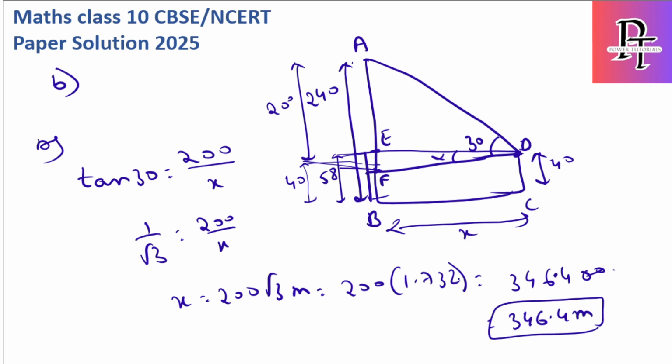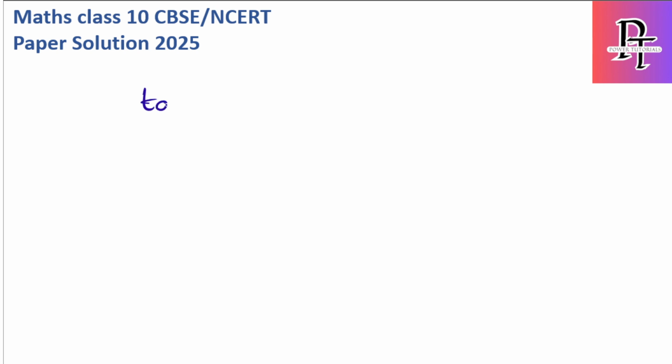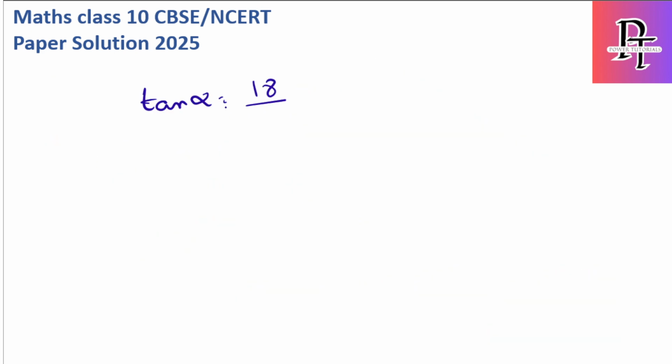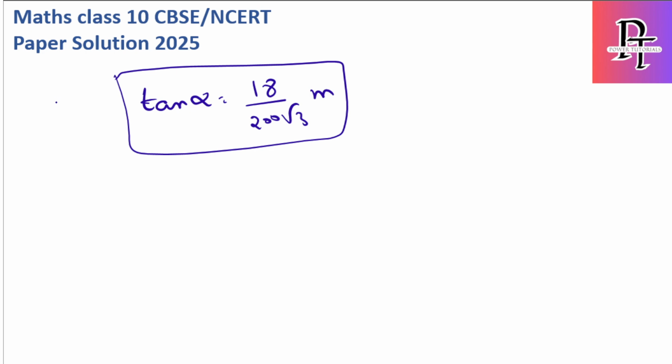That is the distance. They're also asking for tan alpha, not the value of alpha itself. So tan alpha here is the height from the base to the observer, which is 18, over the distance we got, which is 200 root 3 meters. Simply, tan alpha is this. If you stop here itself, you'll get 1 mark, making it 2 marks for this question.